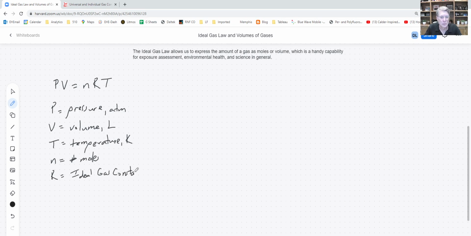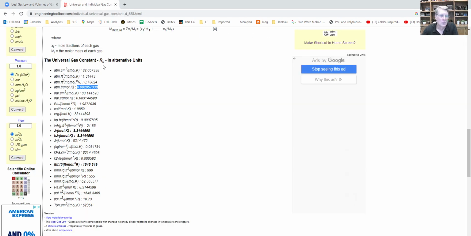You may remember that the ideal gas constant is exactly what it sounds like. It's a fixed value. Numerous units and corresponding numbers can be used for the universal gas constant or the ideal gas constant.